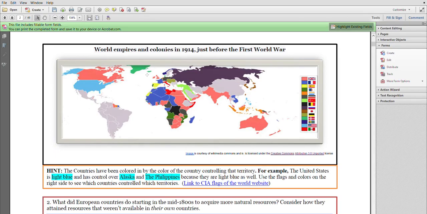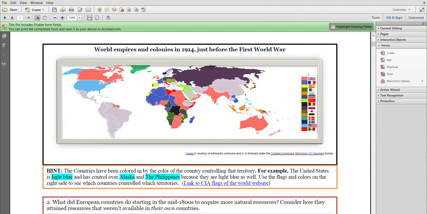The map shows you major countries like the United States, France, England, Spain, etc., and Australia. We'll give some love to Australia here too. And it shows you the colors of the colonies that they controlled. Oh, actually, Australia is a colony in this. It's a colony of England.